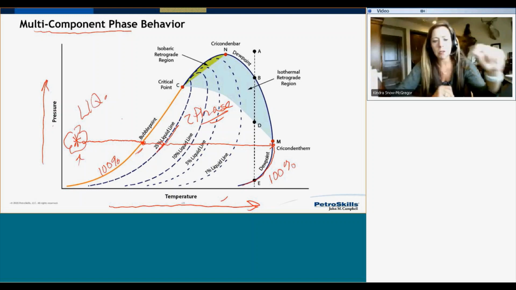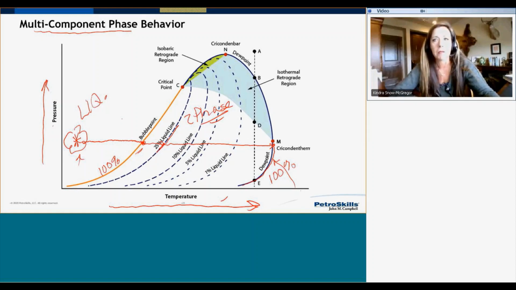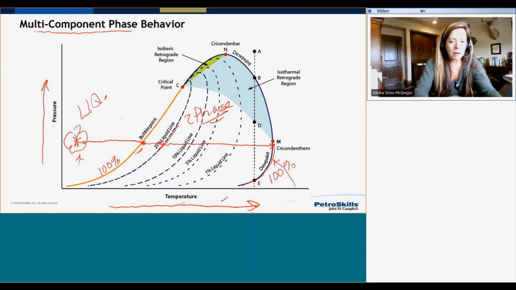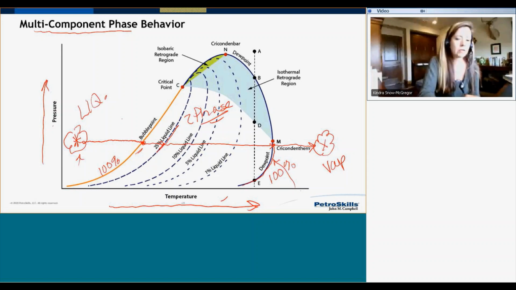So essentially the shape of this dew point curve is set by the heaviest component inside of my mixture. That defines my bubble point, my two-phase region, and my dew point. Now, if I continue moving out into this region, let's say I'm all the way over here, I am now a superheated vapor. That gives you an idea of what defines the bubble point and the dew point.